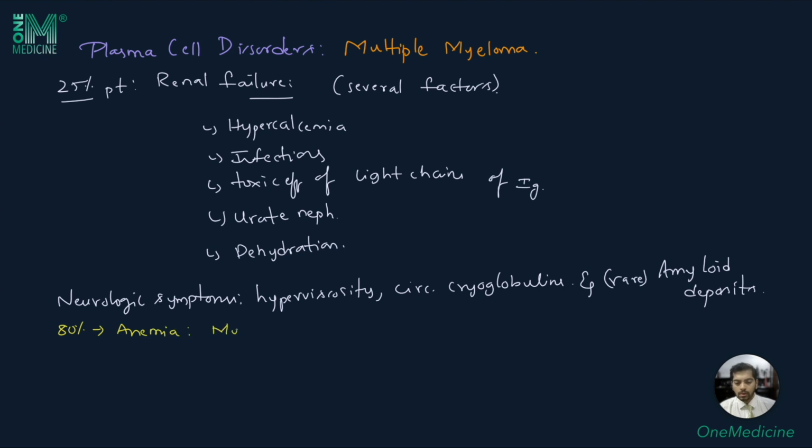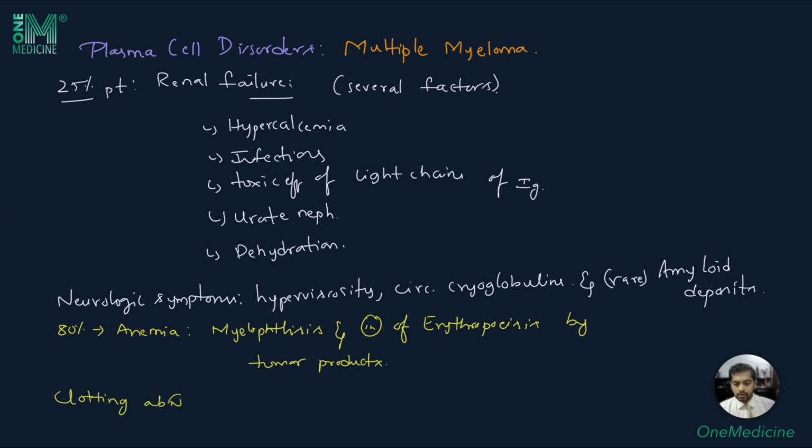This happens due to myelophthisis and inhibition of erythropoiesis by tumor cell products. Patients can also have clotting abnormalities leading to bleeding.